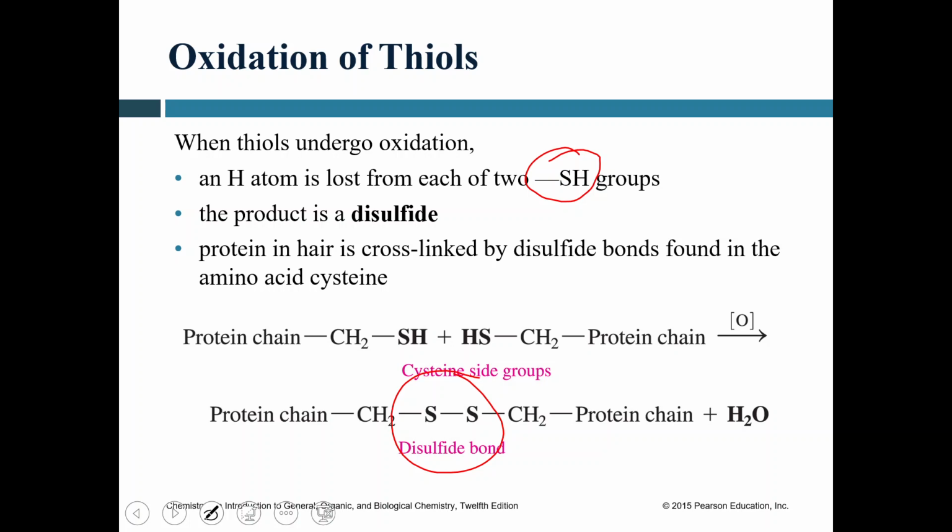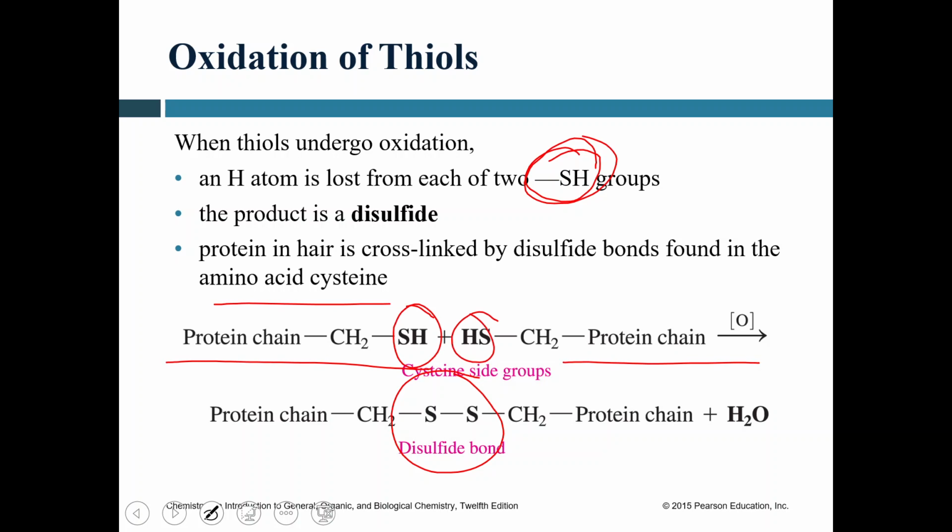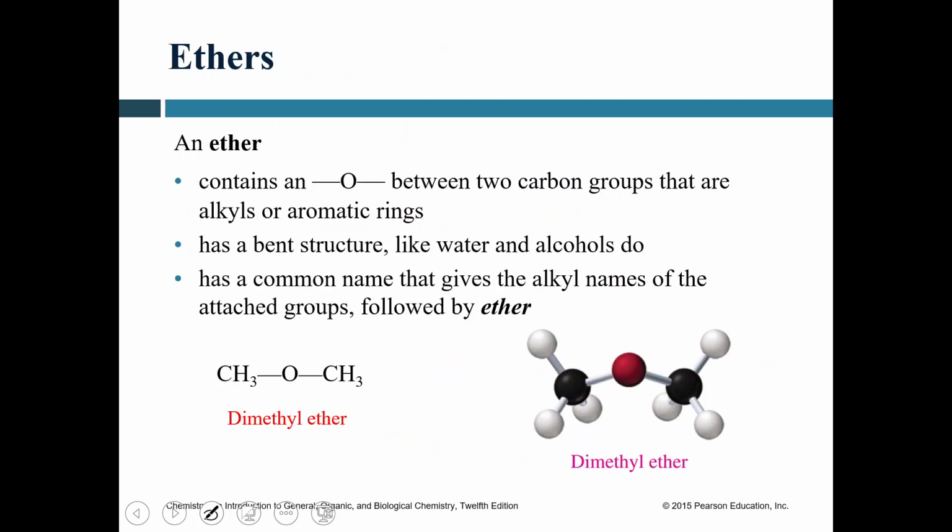So, different parts of the protein are connected by disulfide bonds. And those disulfide bonds are formed by thiol groups found in the amino acid cysteine. So here you can see a protein chain with a thiol group sticking out and another protein chain with a thiol group sticking out. And when they are oxidized, they form a disulfide bond. Disulfide bonds are extremely important for the function of biological molecules.